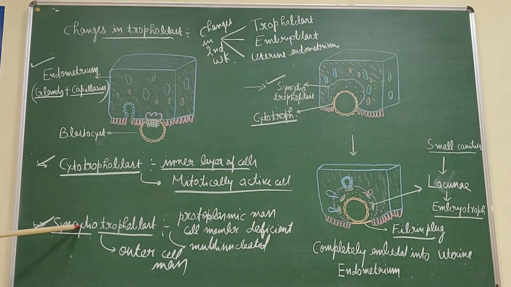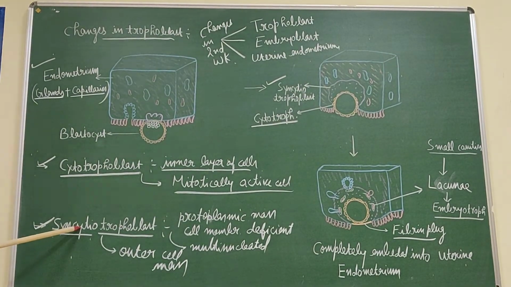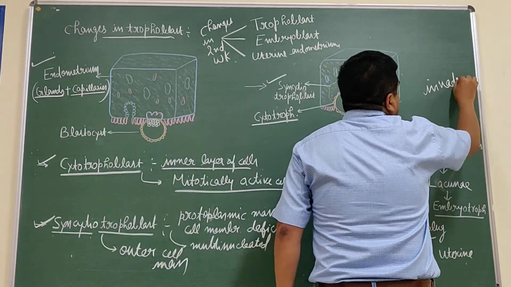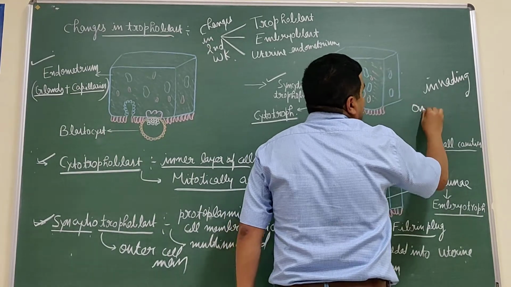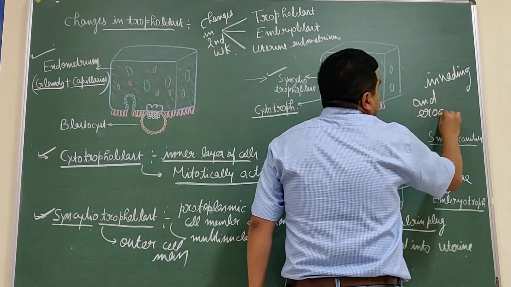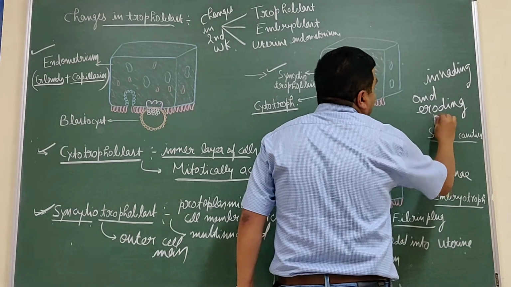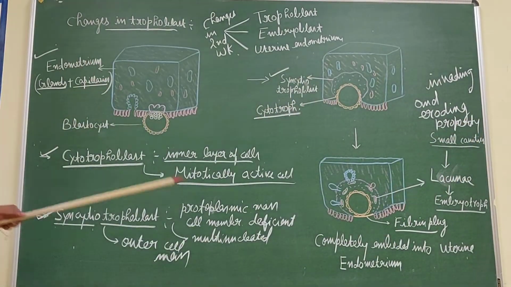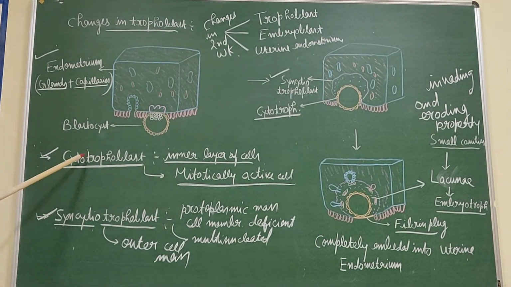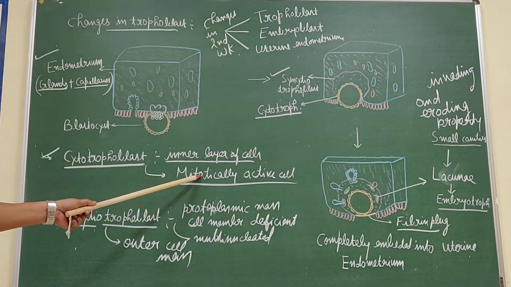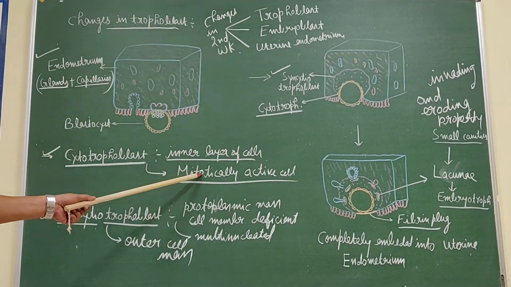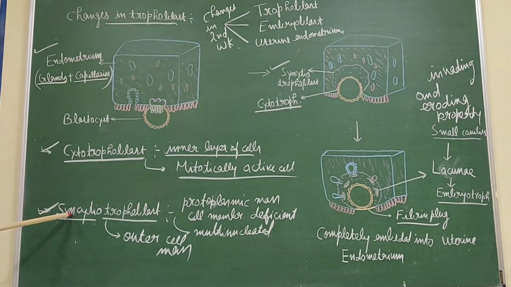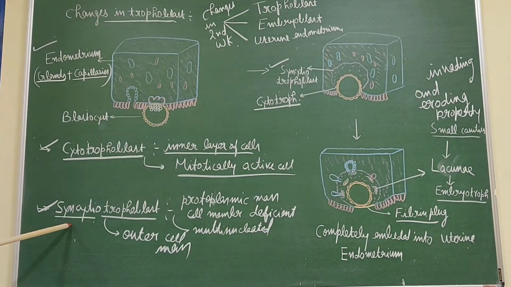And these syncytiotrophoblast cells have invading and eroding property. Means if you compare both cells, the cytotrophoblast cells are mitotically active. They divide, form the cells. These cells migrate into the syncytiotrophoblast and become the syncytiotrophoblast.